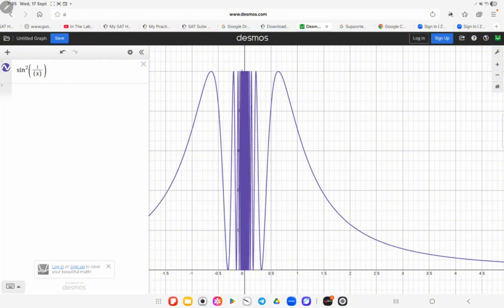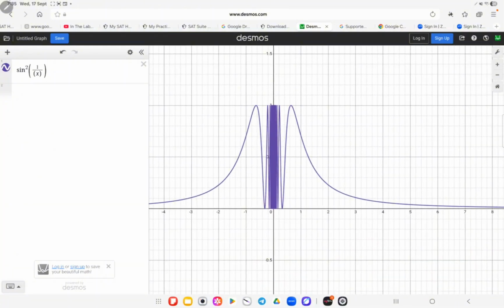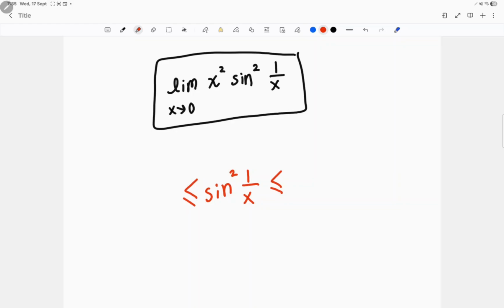Do you see a -1 on the graph? When x is approaching 0, it's ranging from 0 to 1 on the y-axis, correct? So now we know that it's going to range from 0 to 1, correct?